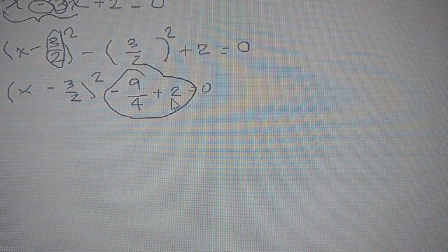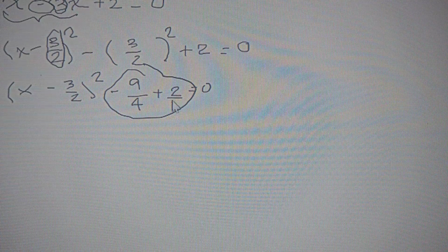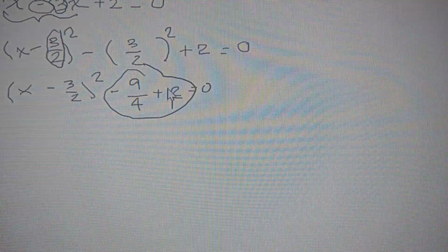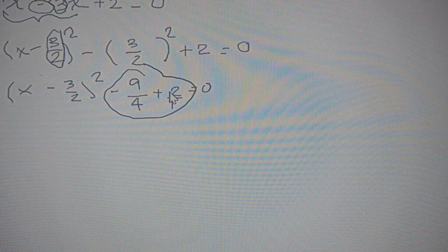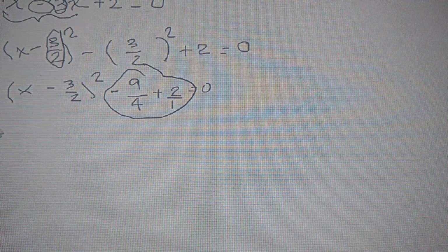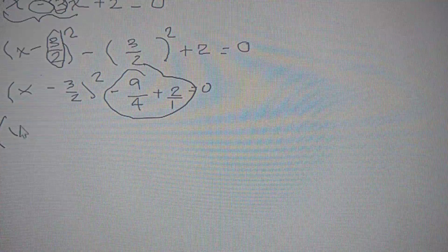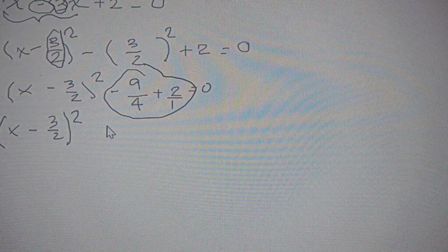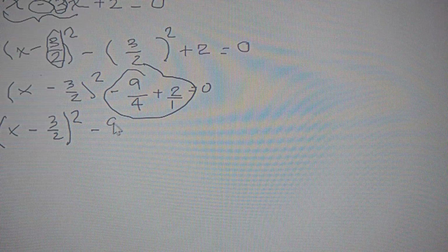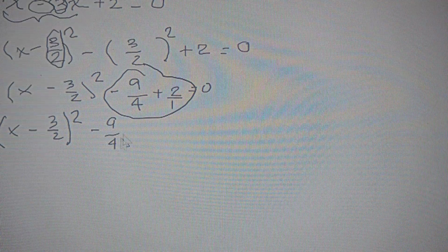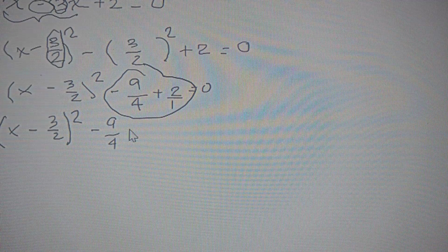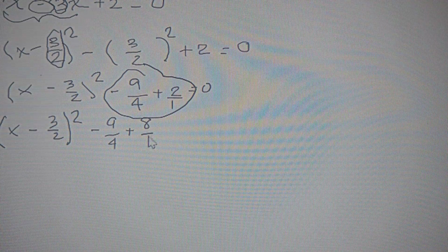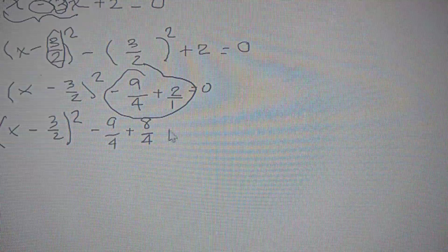Notice that the denominator is 4, so I'm going to multiply the top and the bottom by 4 so that I have the same denominator. So that would be x minus 3 halves squared minus 9 over 4. But what is 2 over 1? Is 8 over 4, isn't it? That's equal to 2, isn't it?